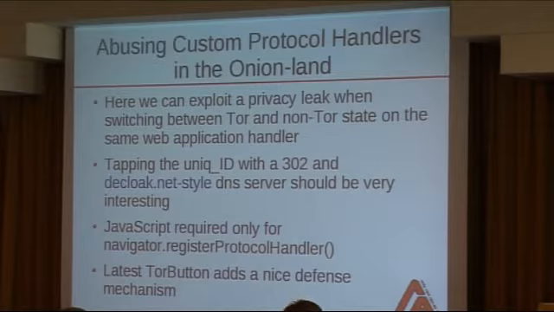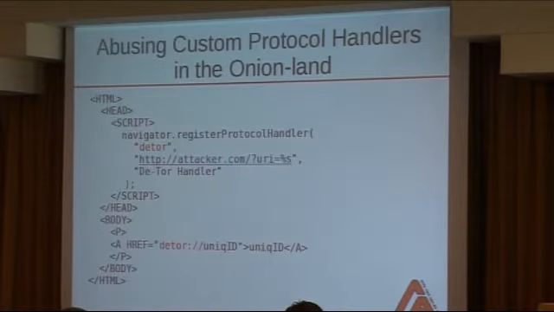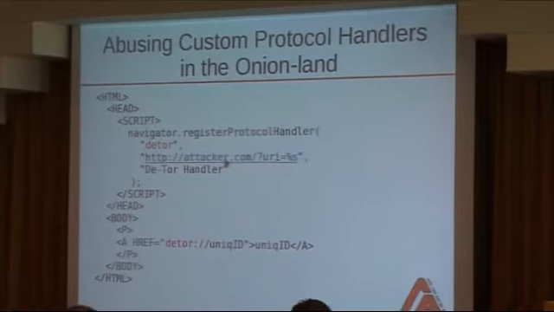Because when we use this piece of JavaScript, registerProtocolHandler, we cannot provide any domain. We have to provide the same domain where the JavaScript is served. So this page is hosted at attacker.com, and we have to use attacker.com in the registerProtocolHandler function.